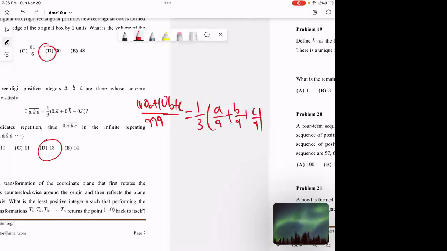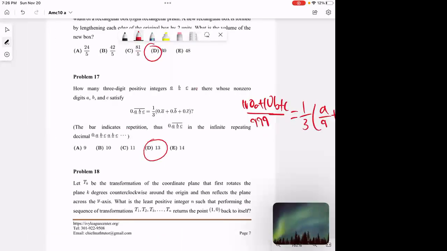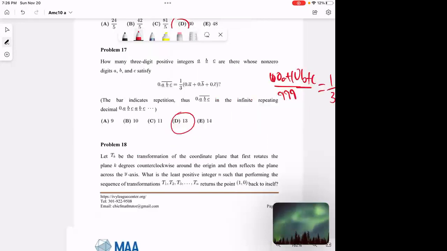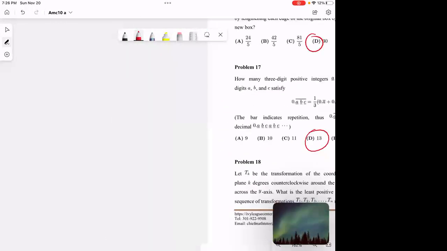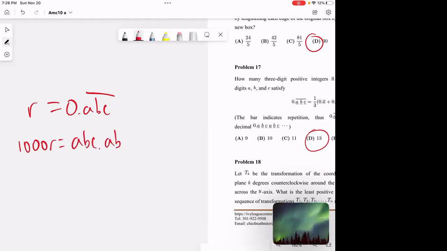If any of you guys need me to explain why this is, I can do that. Actually, yeah, I might as well do that right now. So for 0.ABC repeating, if we call this R, then 1000R equals ABC.ABC, and repeat, and it goes on for infinity.